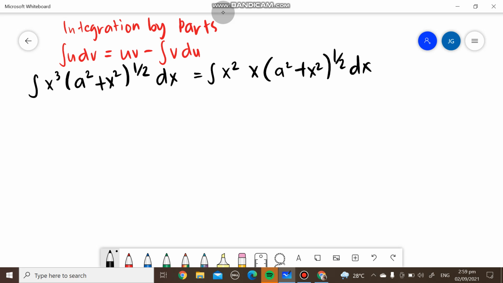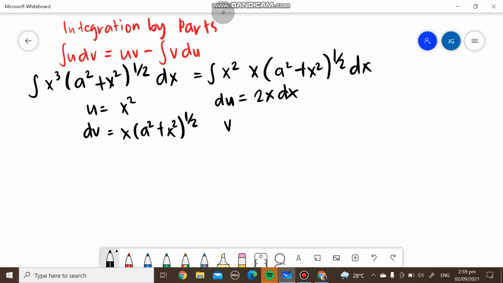Okay, so after that, we need to know the four values, which are the u, the du, the dv, and the v. I will choose x squared as my u, and the derivative of that is simply 2x. Then I'll choose x times (a squared plus x squared) raised to 1/2 as my dv, and then we integrate it.